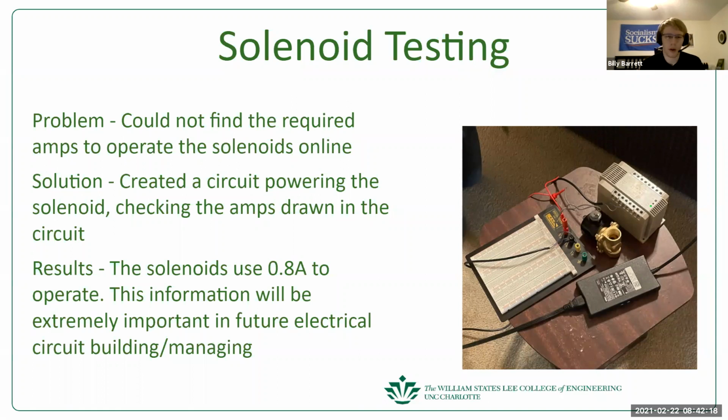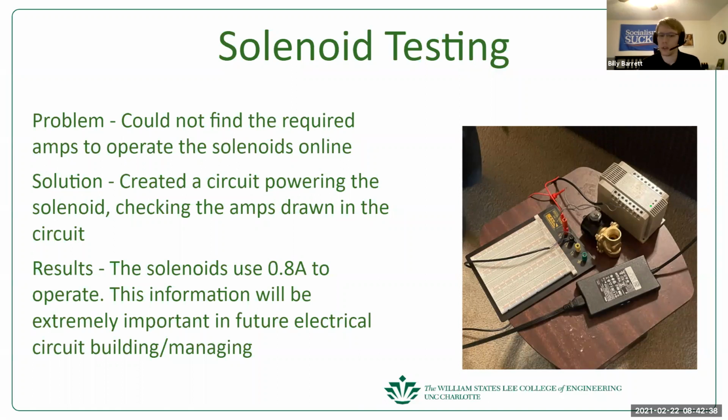We created a circuit powering the solenoid and put a meter in series with it to check the amps drawn, and we found that it uses 0.8 amps. That's when we found out also that they're very fast. It clicks on and off very quickly.